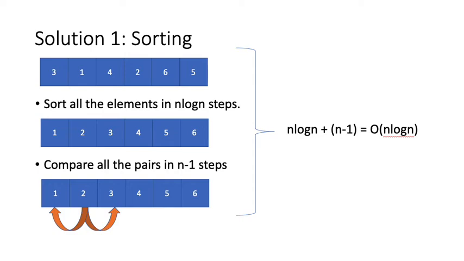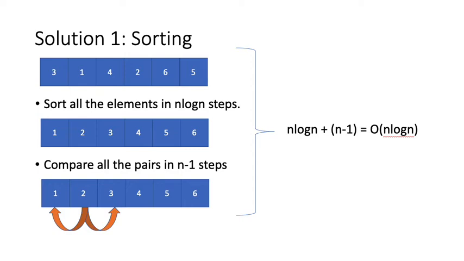So once the sorting is done, all we have to do is compare all adjacent pairs. This comparison operation is going to take n minus 1 steps, and the complete algorithm can be completed in n log n plus n minus 1, that is big O of n log n steps.